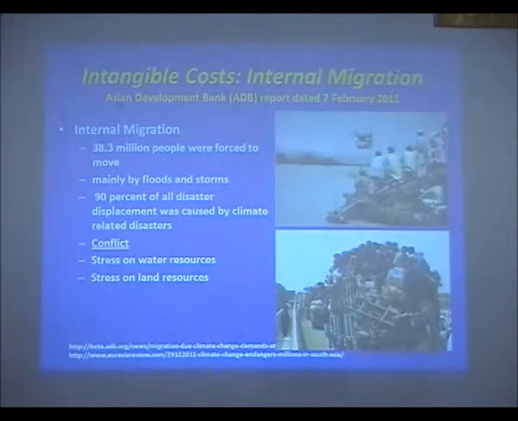What they have said is 38.3 million people were migrated, internal migration, and most of them were a result of natural disasters. This increases conflict, this increases stress on water resources, this increases stress on land resources. And you can see the pictures, and the big picture, the one on the top, is very expressive. The people are going in some kind of a makeshift cart, and this is being pulled by ropes. So you can see that's the kind of pressure that people come under.